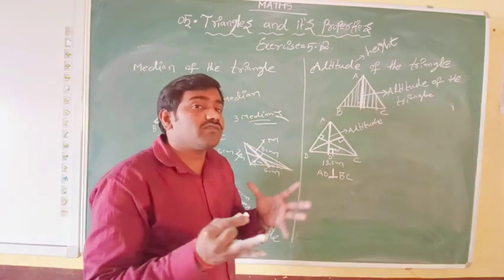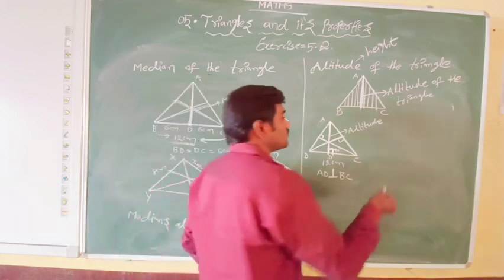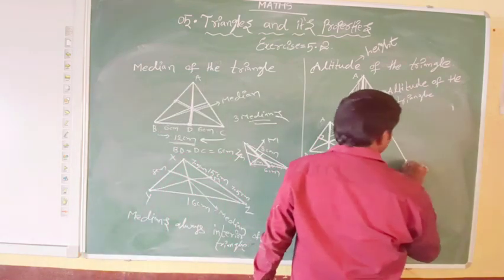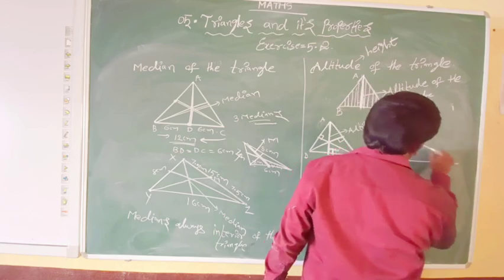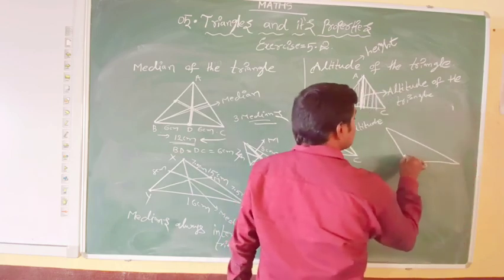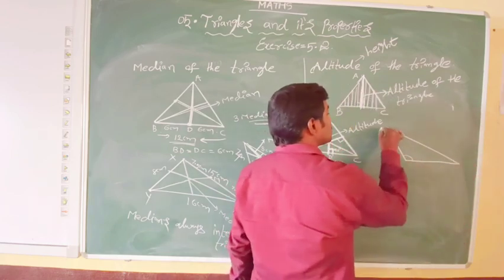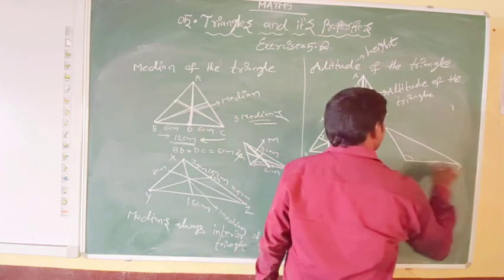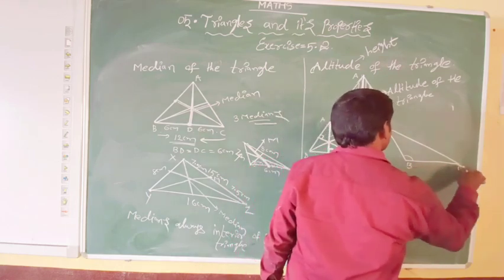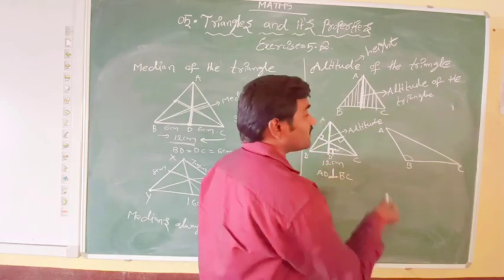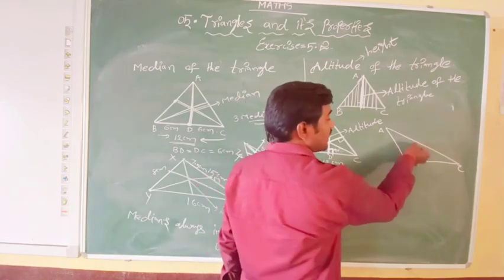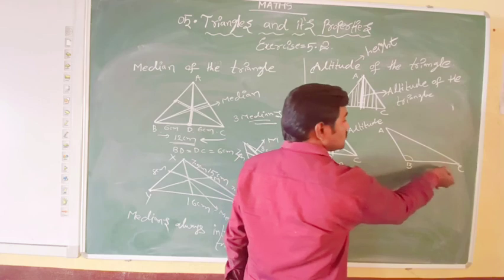Sometimes there is an obtuse angle triangle, suppose it is triangle ABC. In this, what will be the height of this triangle? Can you say this is the height?